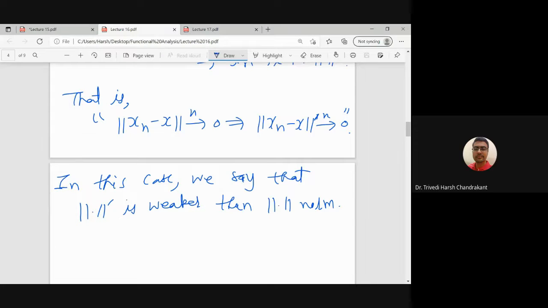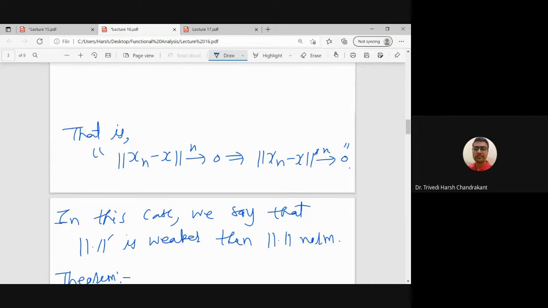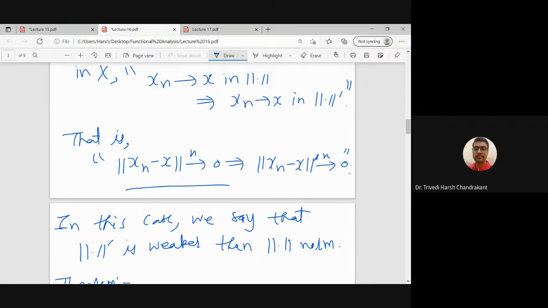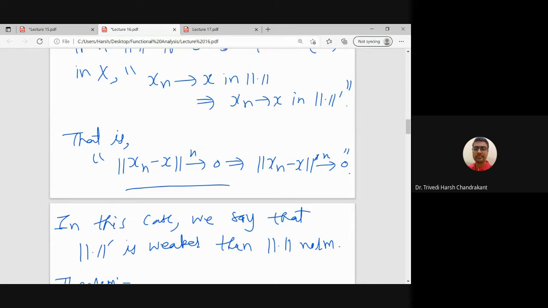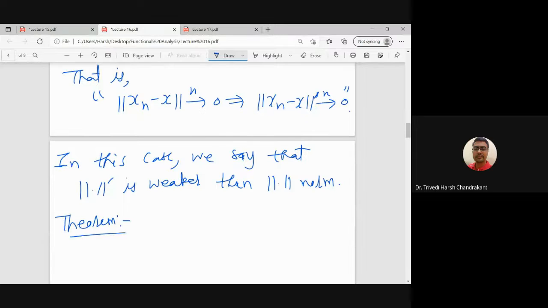So over the same vector space we can define different norms and compare them. Whenever xn converges to x in the normed linear space X with the first norm, xn will always converge to x in the dash norm. Therefore it is a stronger convergence, a stronger condition.